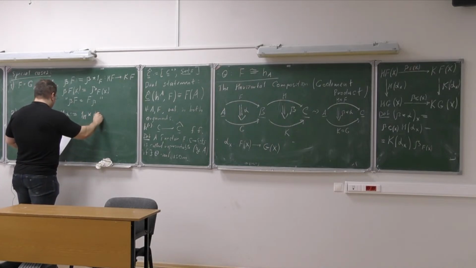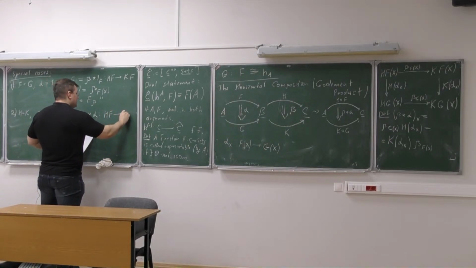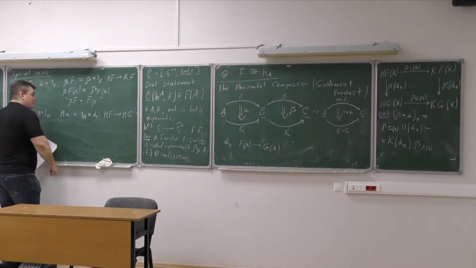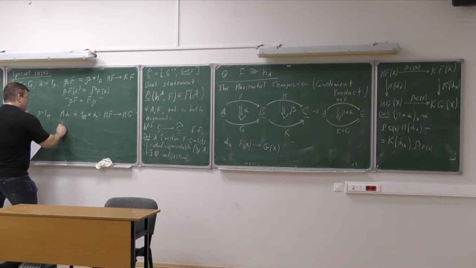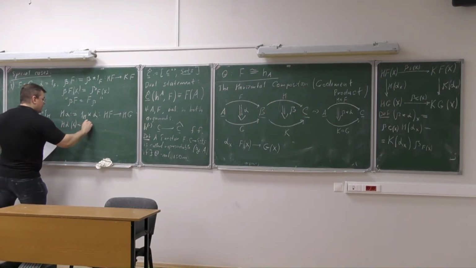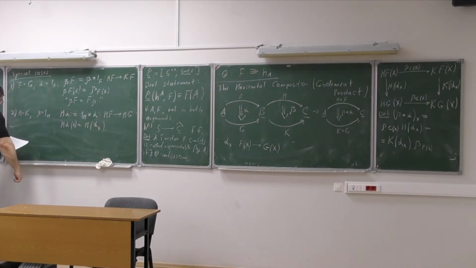So that's a natural transformation from the functor hf to the functor hg. And if you want to understand this again for objects, you can write that h alpha of x is h applied to the component alpha sub x.